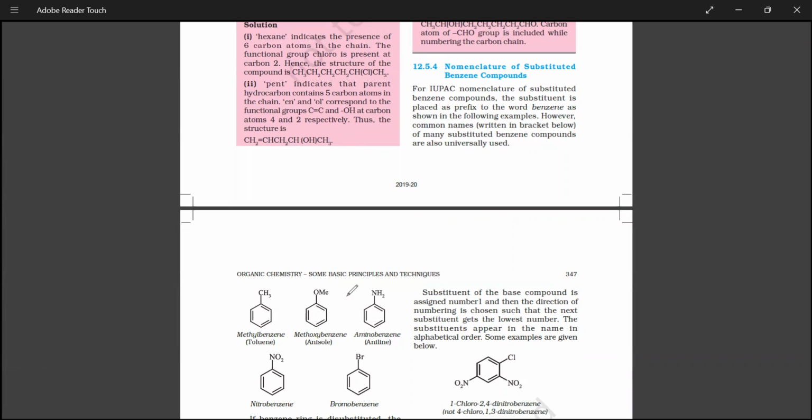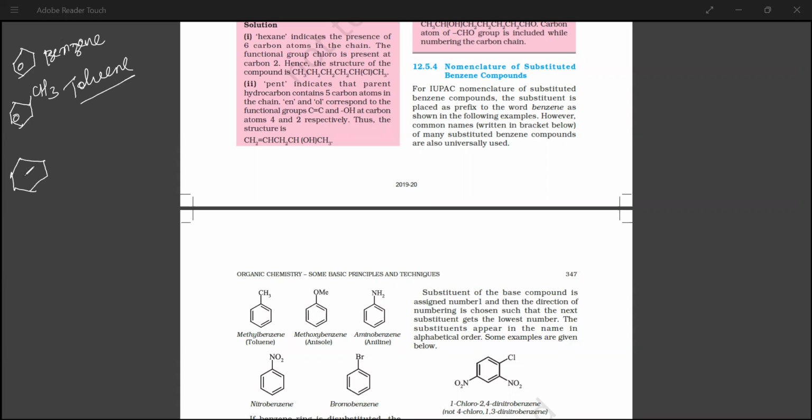Now here I'll tell you, this is benzene. This is toluene.